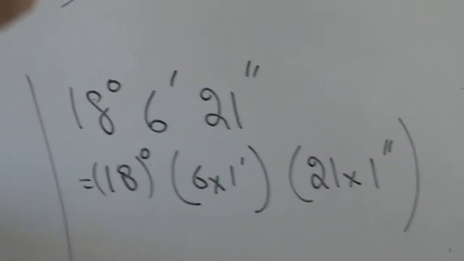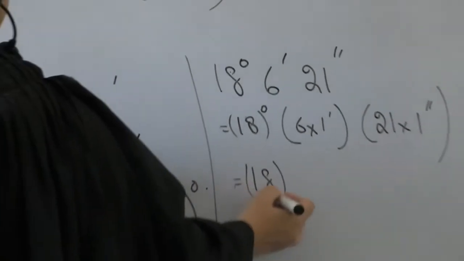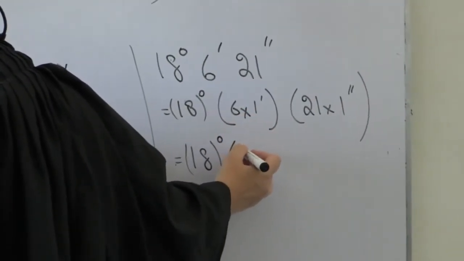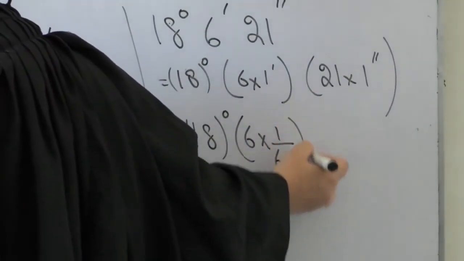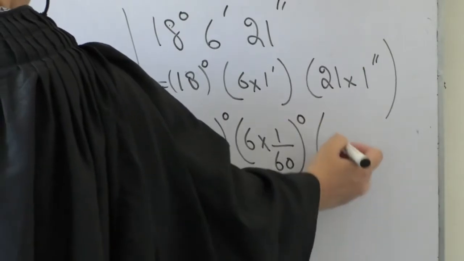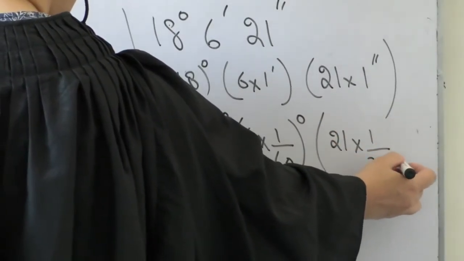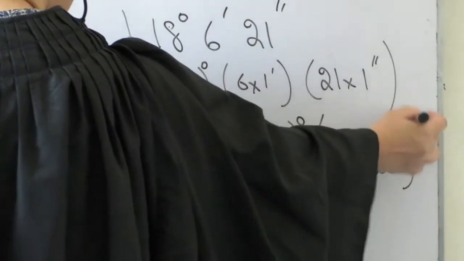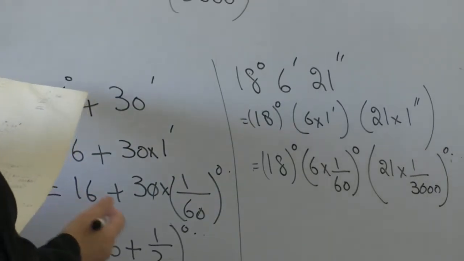Using these three forms, degree remains as it is. 1 minute becomes 1 over 60 degree, and 21 into 1 over 3600 becomes degree. Now all the values are in degrees.